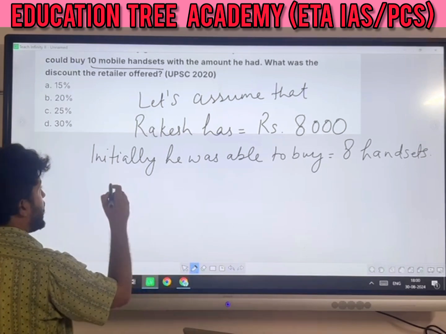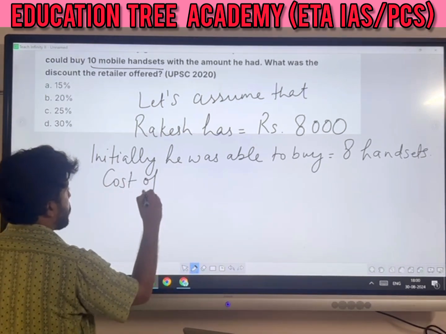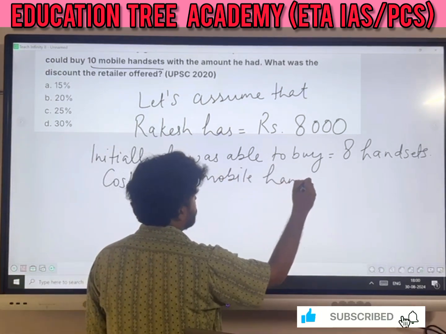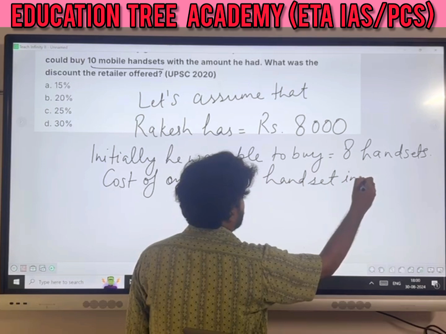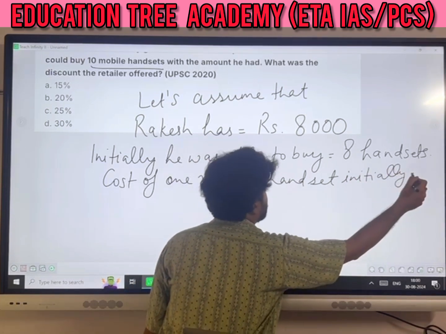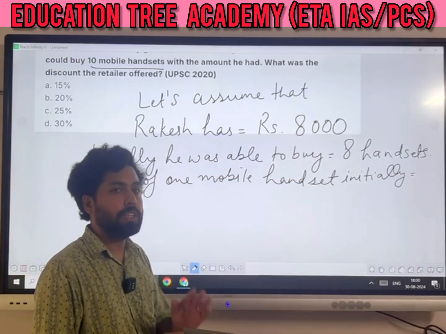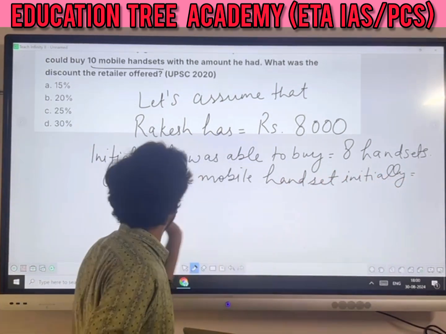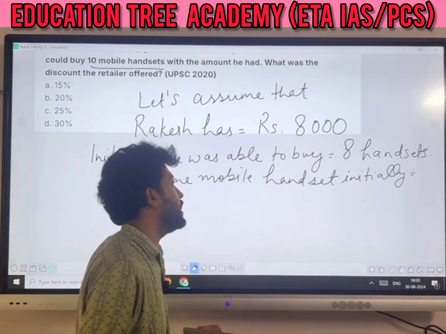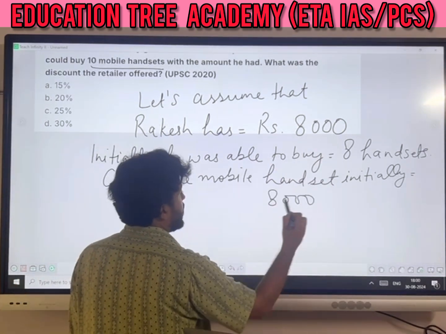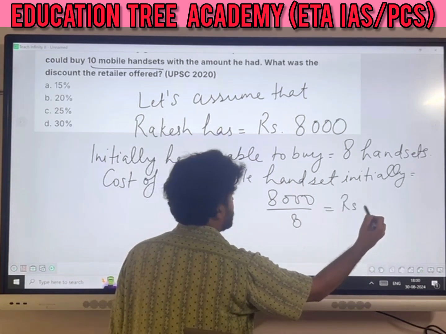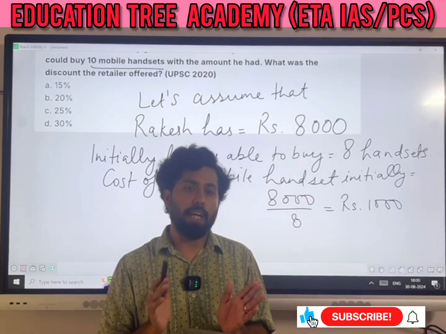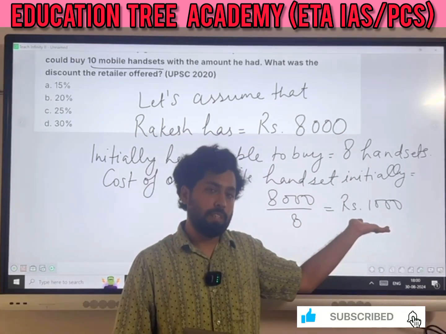Now from this we can say that the cost of one mobile handset initially would be what? As we have taken rupees 8,000 as the initial amount that he has and 8 handsets is what he is purchasing initially. So the cost of one mobile handset initially would be 8,000 divided by 8, which is exactly rupees 1,000. So without discount, he was able to purchase a handset at rupees 1,000 per handset.